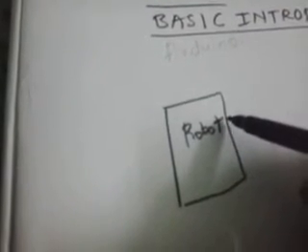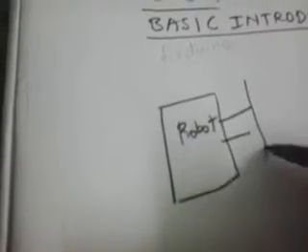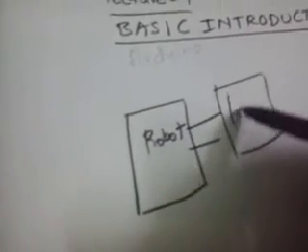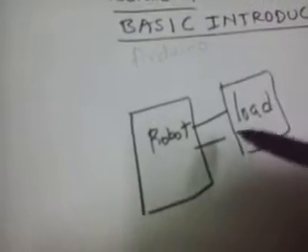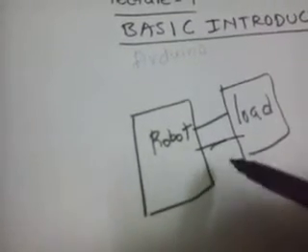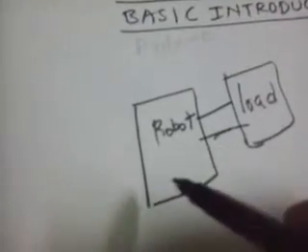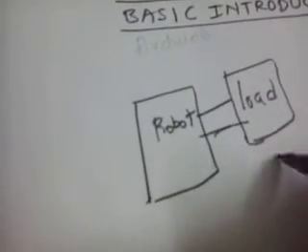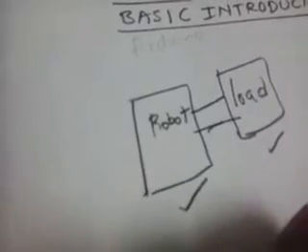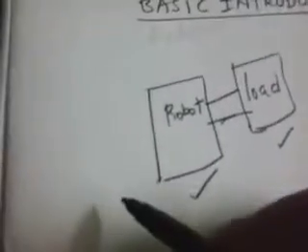In order to perform any action or rotate any load, consider this is the load circuit, and my requirement is to operate this particular load by this robot. Okay, this is my application.